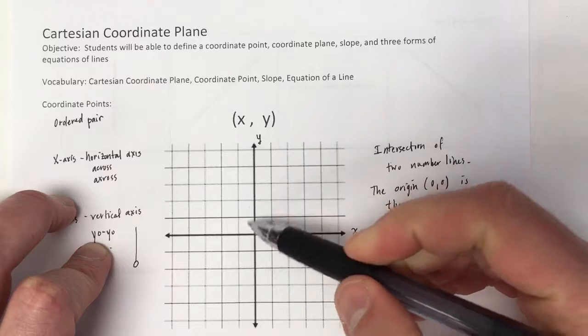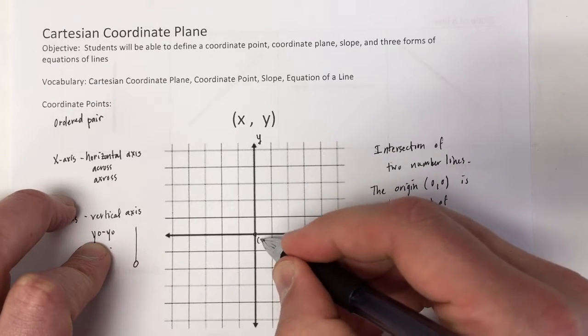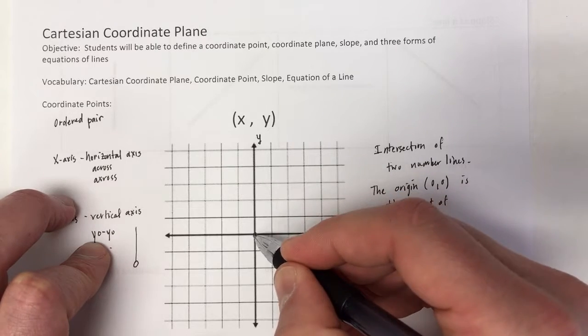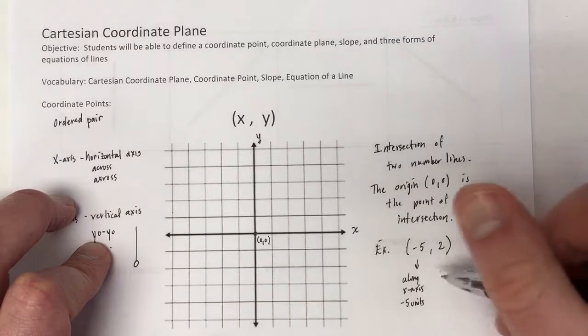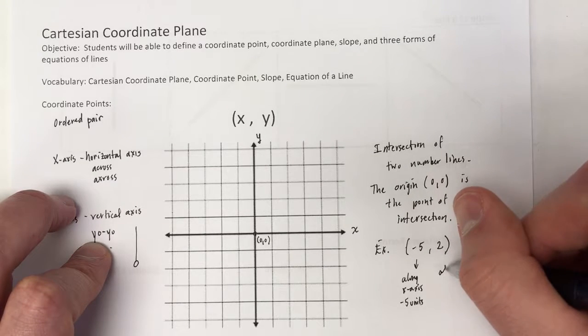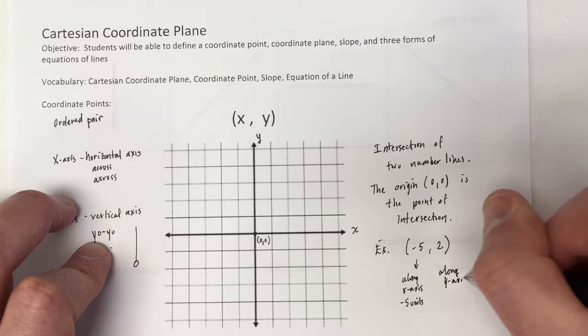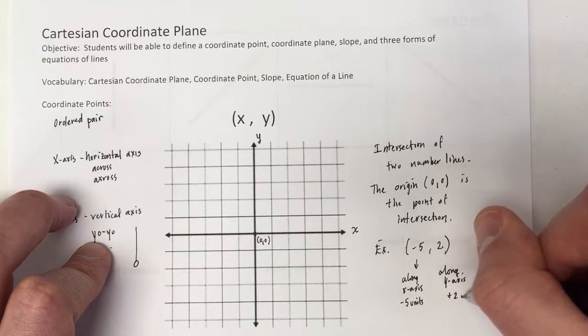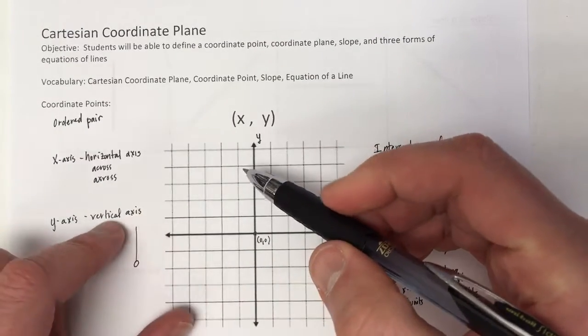Because we understand number lines, if this is 0, 0, then to the left would be negatives, to the right would be positives, and then along the y-axis, +2 units. And so it's sort of like the combination of these two things.